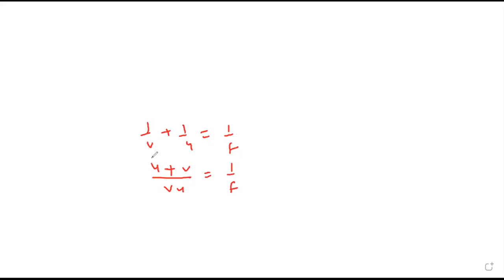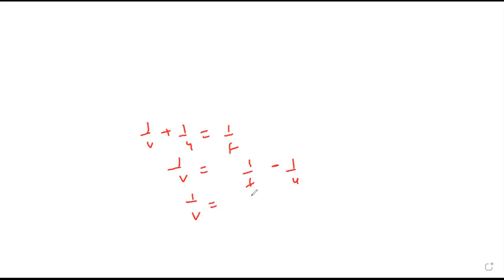So 1 upon v equals 1 upon f minus 1 upon u.